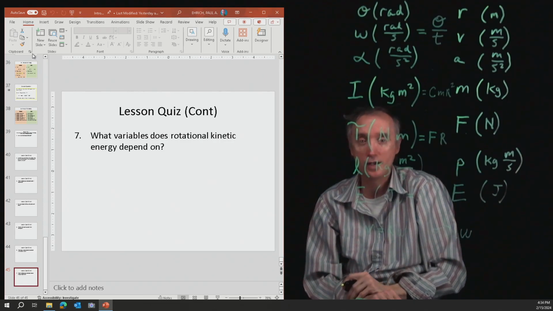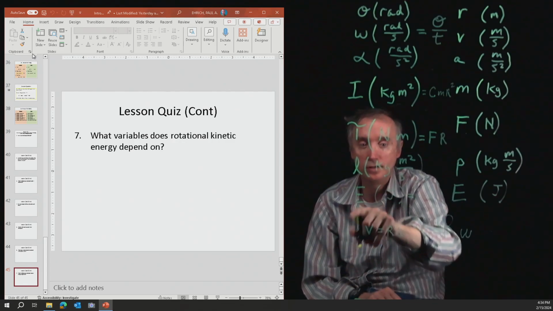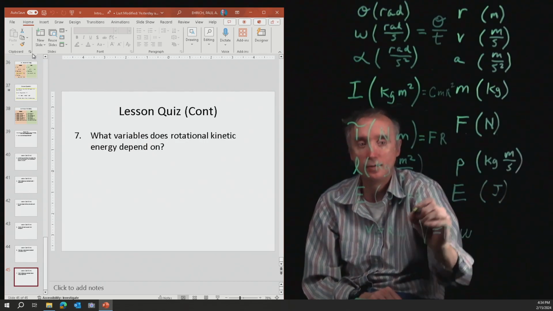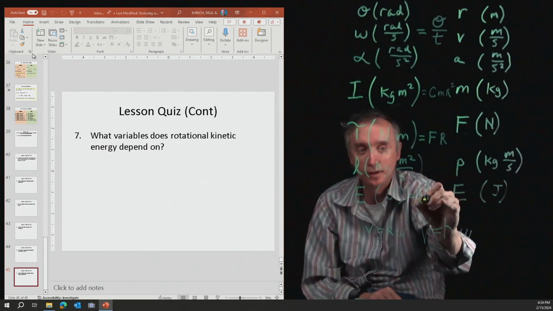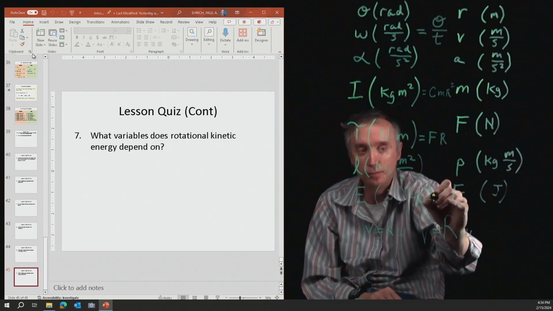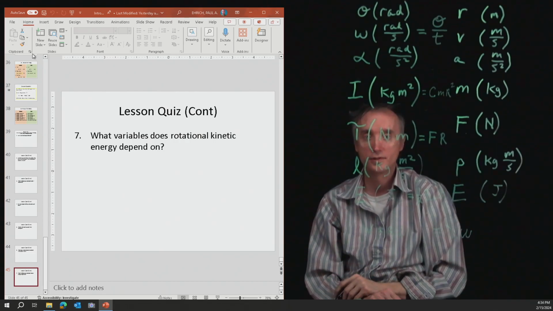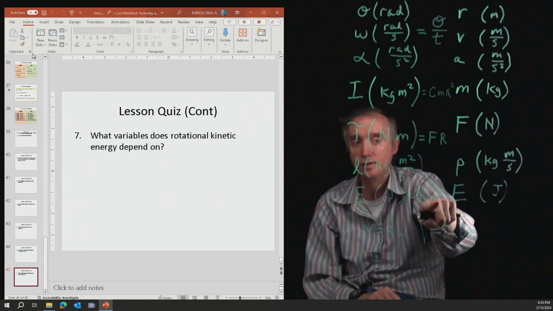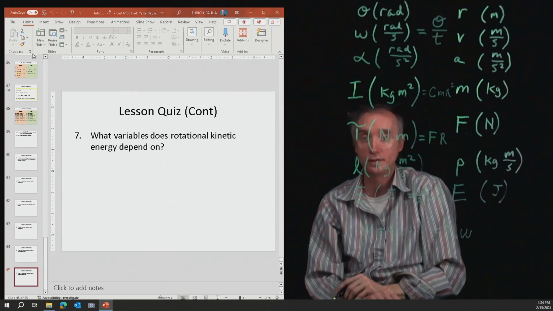So the unit for energy is J for joule. So the kinetic energy is going to be 1/2. Instead of m, we put I, and instead of v, we put omega squared. So it's going to depend on whatever the moment of inertia of the object is, and it's going to depend on how fast it's spinning.